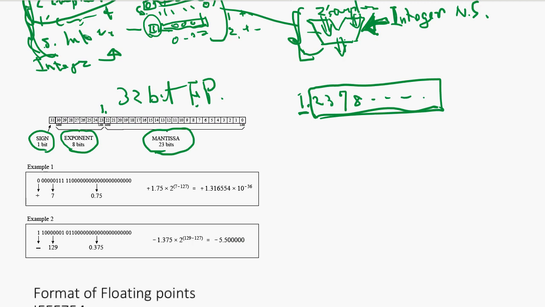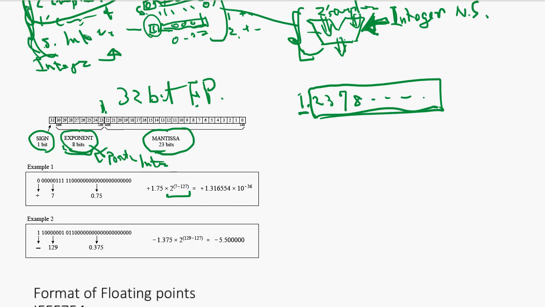Okay, so this part is the mantissa, and the 1 is implied. We always have a 1, so we don't have to express it in a bit. We save that bit and use it for the exponent. So the exponent is basically this part. You have 8 bits, and the 8 bits are in positive integer format. We talked about two's complement first, the sign stuff.